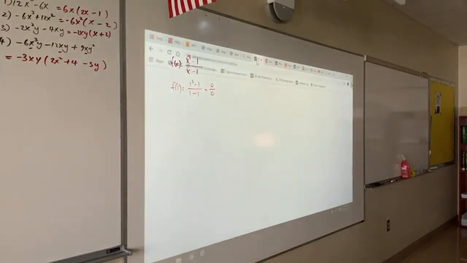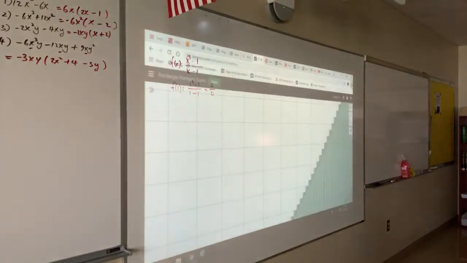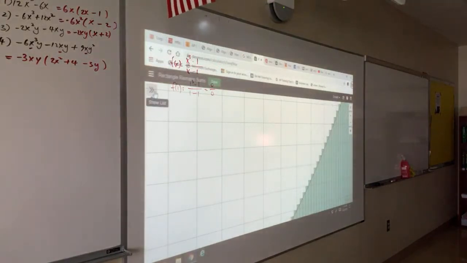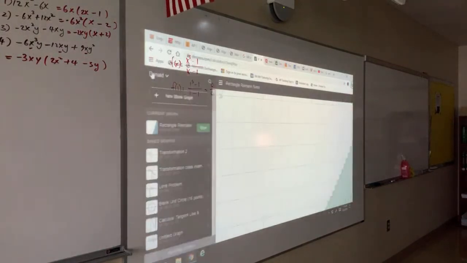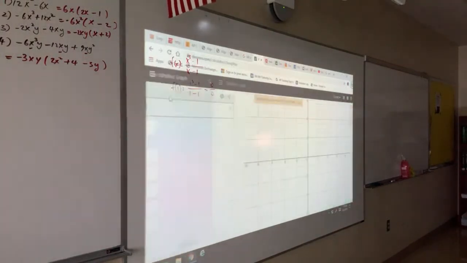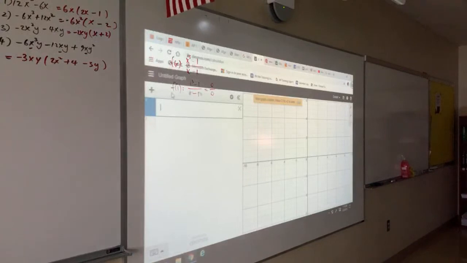Or the other one. There's many. Whoa, did I show you this yesterday? No. Yesterday was such a... I was here yesterday. We all skipped. So we're gonna type in this function. Make sure you have parentheses, especially when you type in the calculator. So minus 1 over x minus 1.